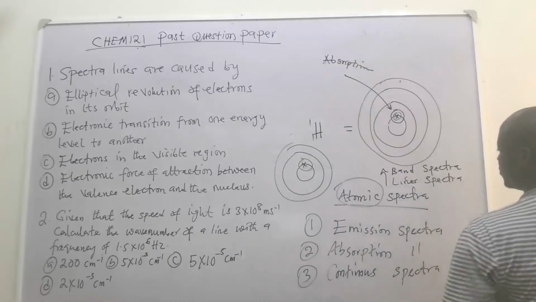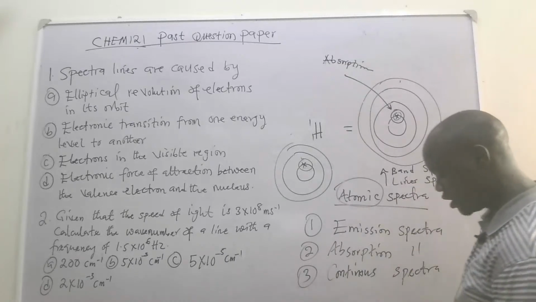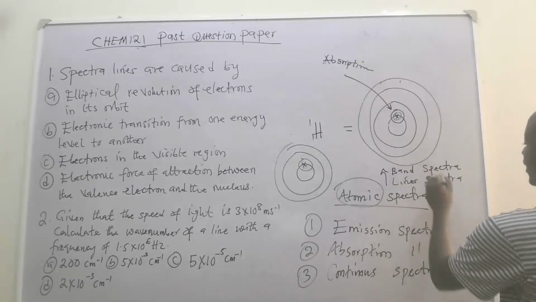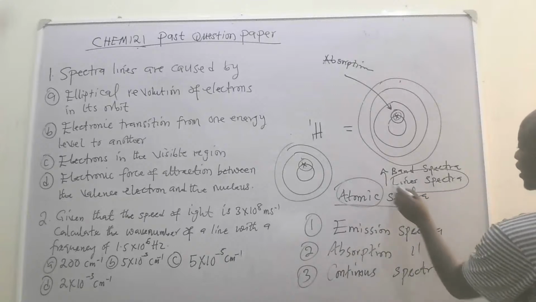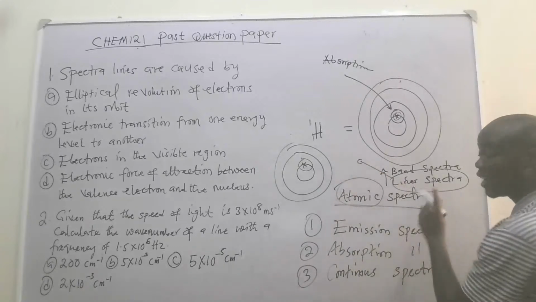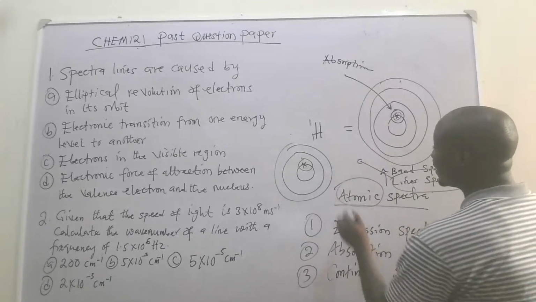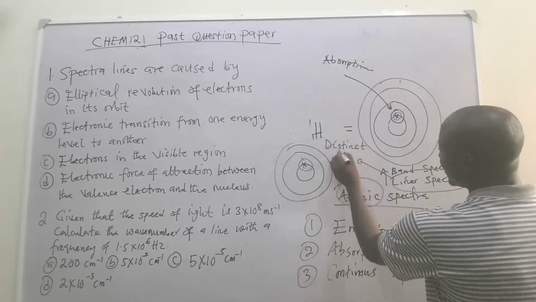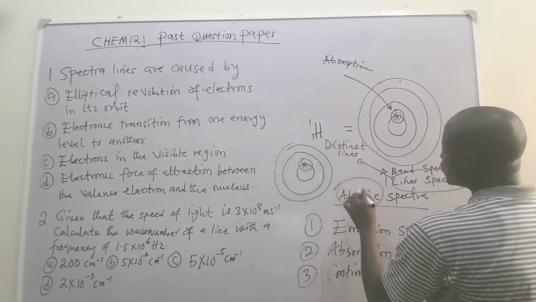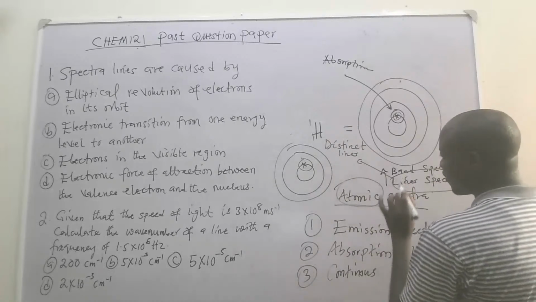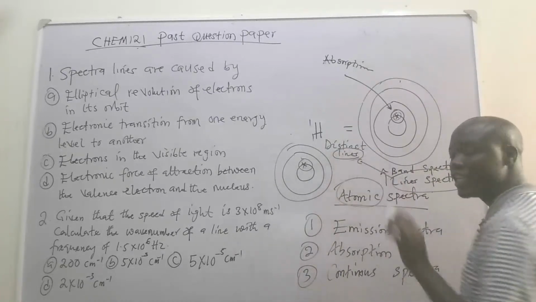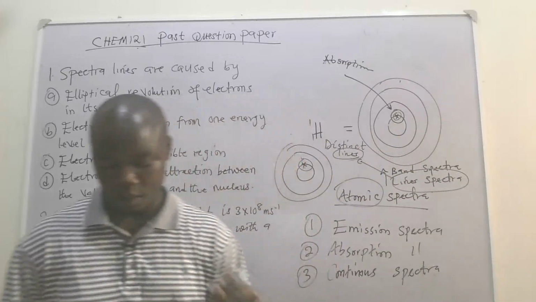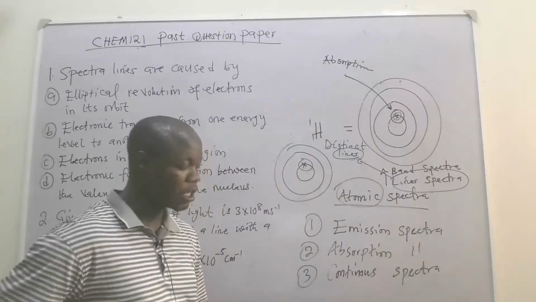So what is a line spectra? It is a type of spectra that is characterized by distinct lines, and each of these lines is characterized by a specific wavelength.